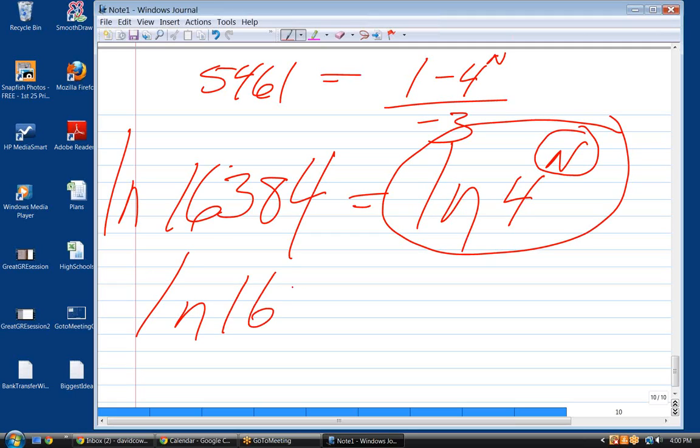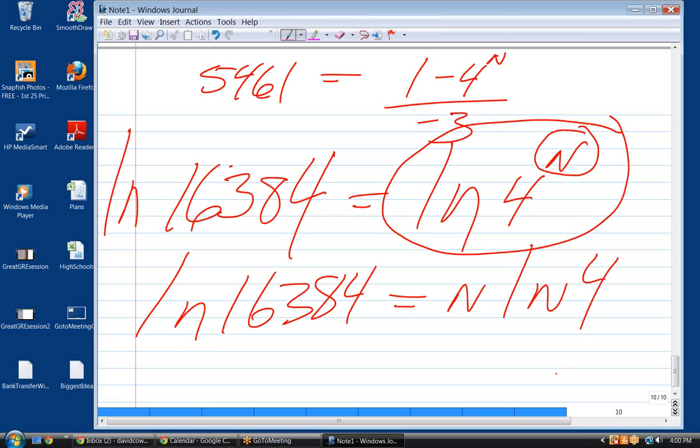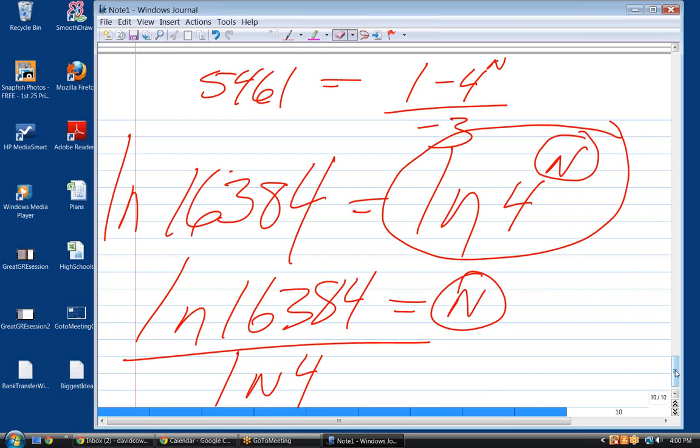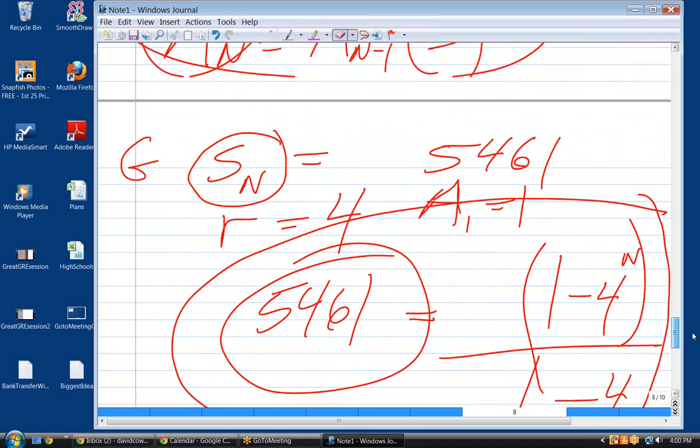In other words, we want to get it to a method where we can solve it algebraically. Well, this expression here is equal to n natural log of 4. And I'm trying to solve for n. So n is going to be the natural log of that number divided by the natural log of 4. And that solves our problem.